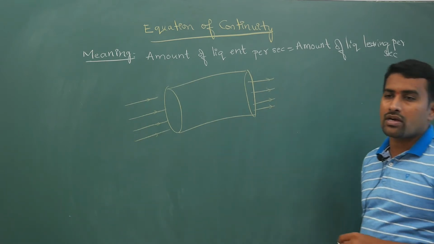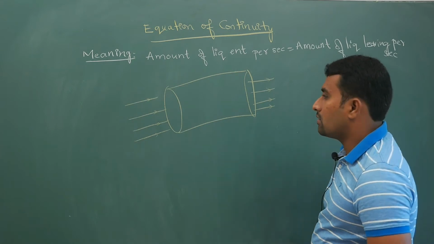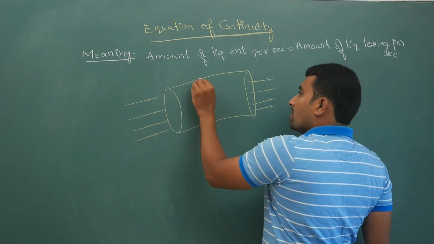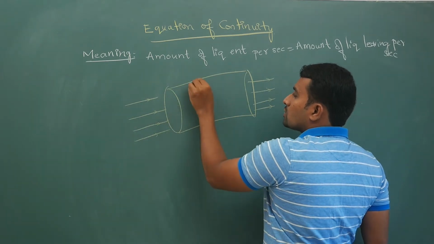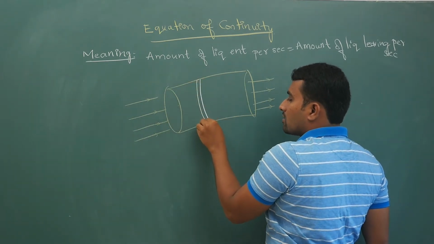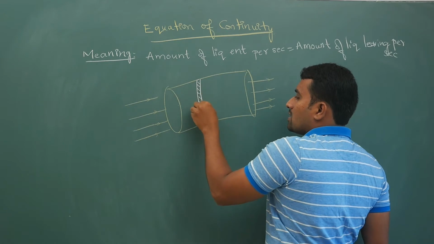Now let us look at the logical aspect of it. Here I take a small portion close to this, but I cannot make the diagram clumsy.